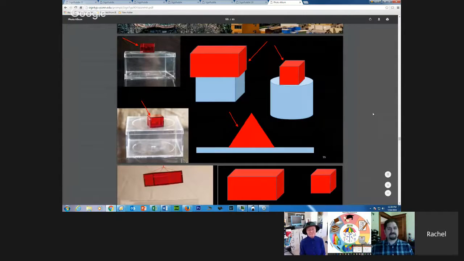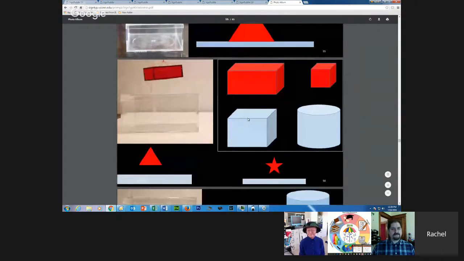Basically, in the preposition set, we're looking at the red object and its relationship to the other object. So in this first slide, the red object is above and touching the other object. Here it's above, but it's not touching.